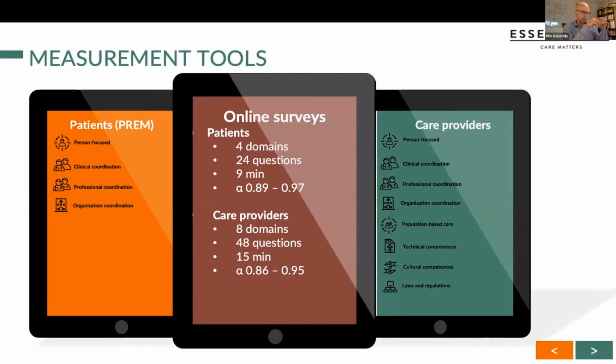It's called a patient-reported experience measure, and there we measure only the 4 bows, so to say, of the rainbow model. So person-focused care, clinical coordination, professional coordination, organizational coordination, because the assumption is that patients don't experience the back office activities which enable integration. So we didn't include that for the patient survey.